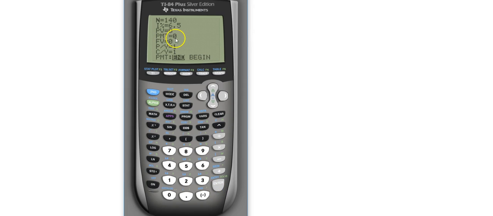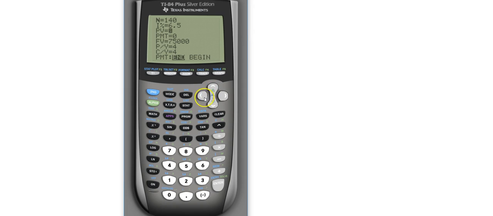Payments, whatever the regular payments are, we don't have any here. It is a one-time investment, so leave 0 there. Future value: you are looking for a future value of 75,000. And here, how many times it is calculated per year? That is 4, quarterly. Automatically, the next number changes to 4.